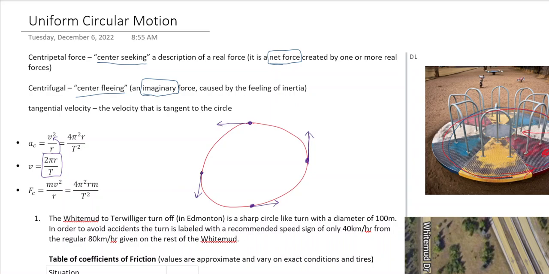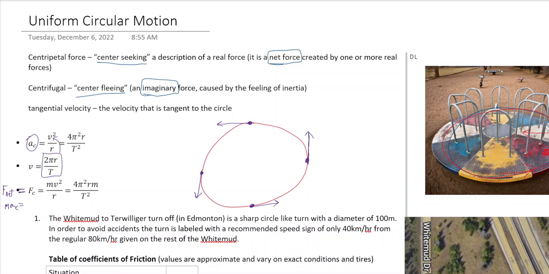Okay, then we also are given, well, if we know AC is this, okay, and we know that a second ago I said F net equals the centripetal force, then F net equals MA equals the centripetal force, but A is centripetal acceleration.